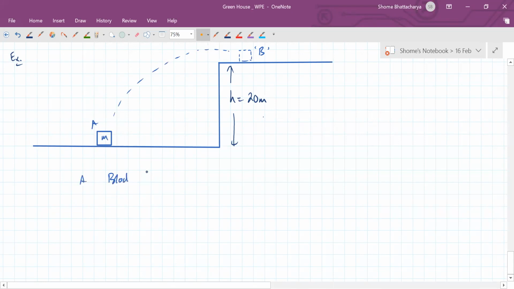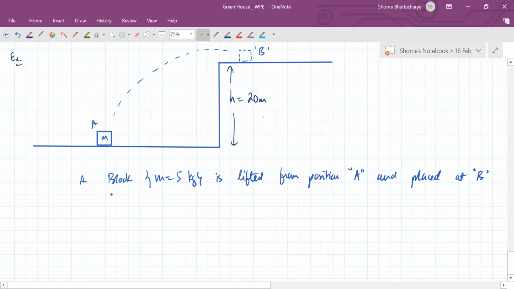So a block of mass, let us say 5 kilograms, is lifted from position A and placed at B by an external agent. Take acceleration due to gravity to be 10 meters per second squared. We want to find the work done by the external agent during this process.